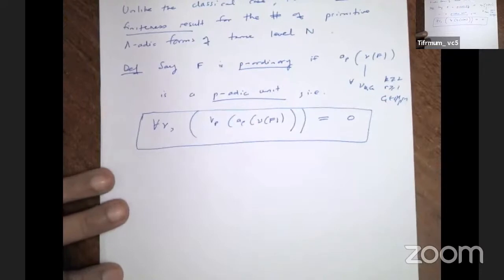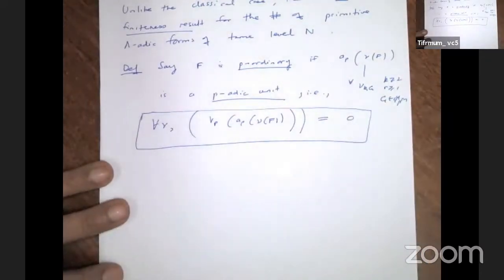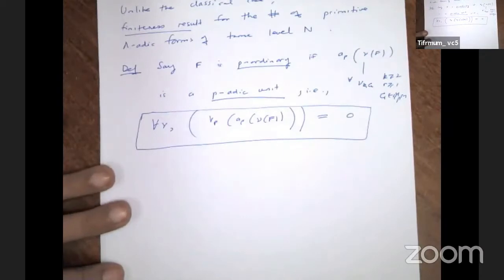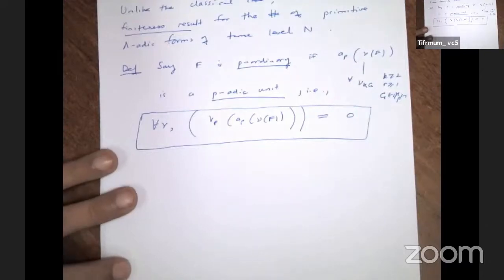So nobody has really asked me this yet, and you may be wondering this, and it's probably making you a bit uncomfortable. So it's probably good to say this now. You know, modular forms are usually complex holomorphic functions, right? And the Fourier coefficients are complex numbers. On the other hand, all the things I'm doing are for p-adic numbers.